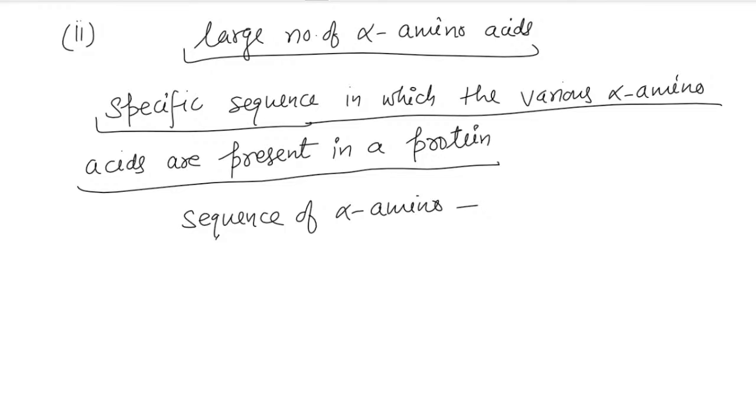So what is primary structure actually? It tells us about the sequence in which various alpha amino acids are present in a protein, and these alpha amino acids are linked by peptide linkage. Specific sequence, very good.